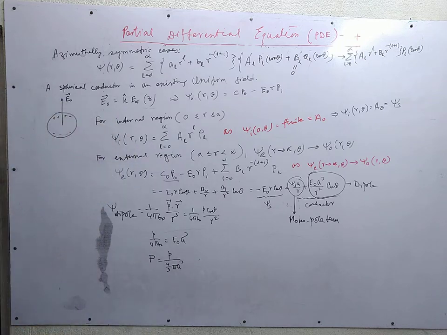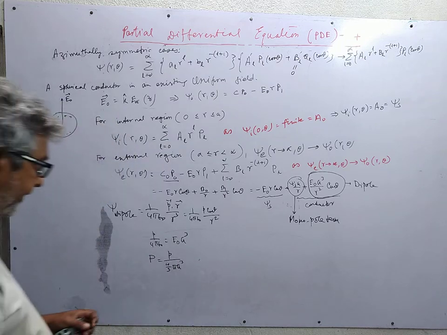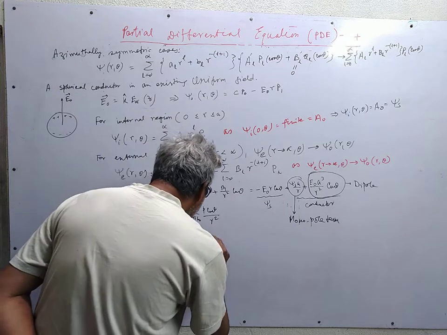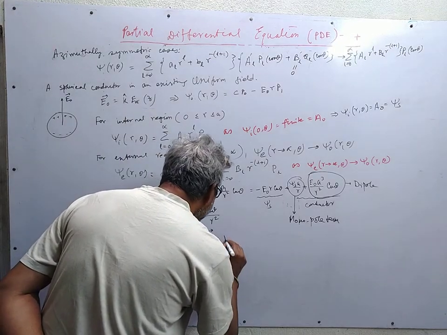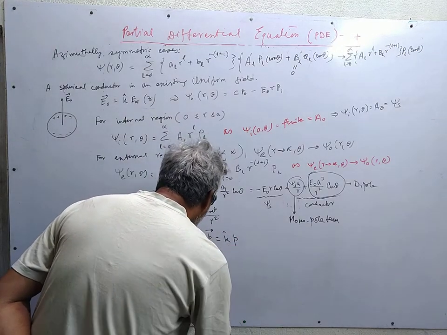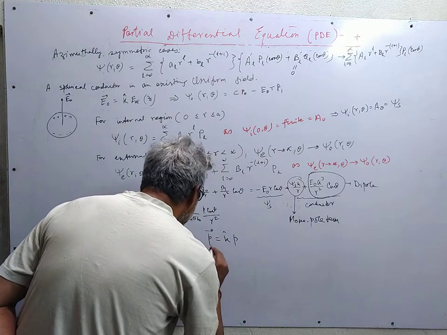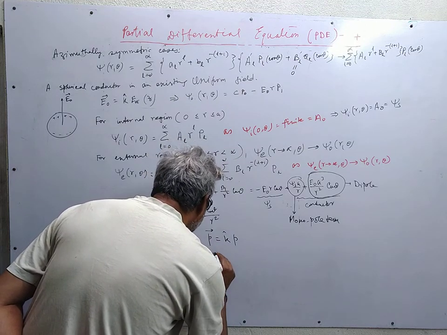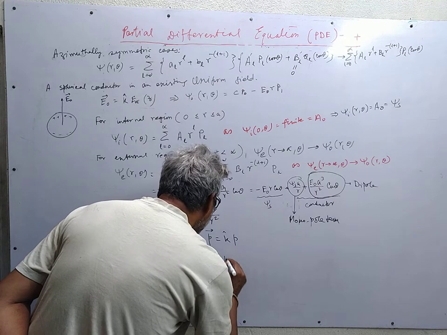If we want to write this in vector form, the polarization is along k cap, and the dipole moment P is also in the direction of k cap.